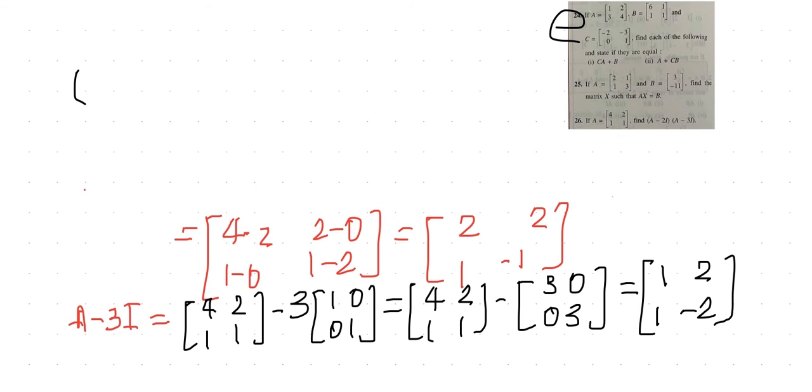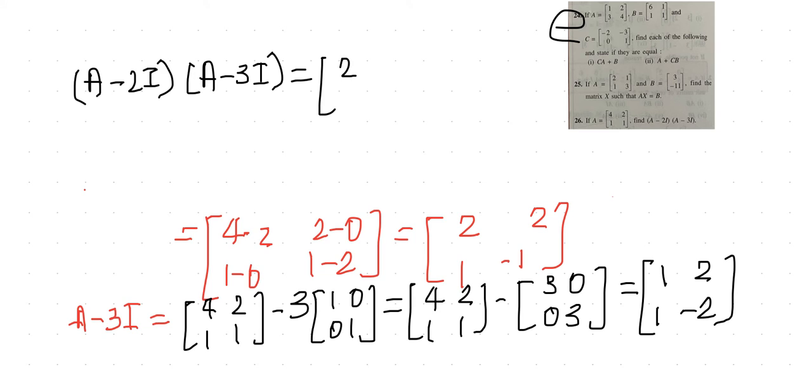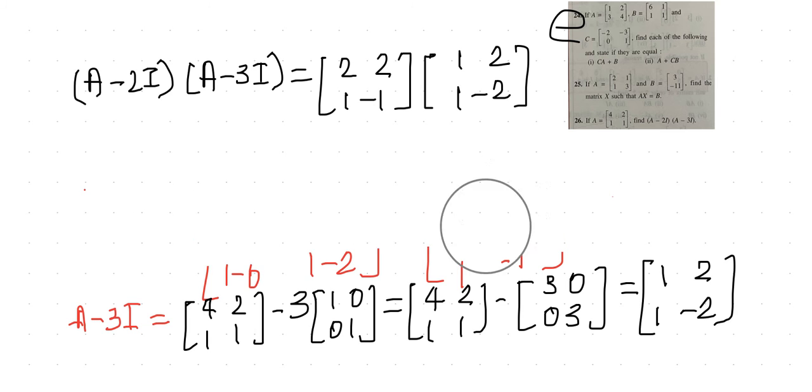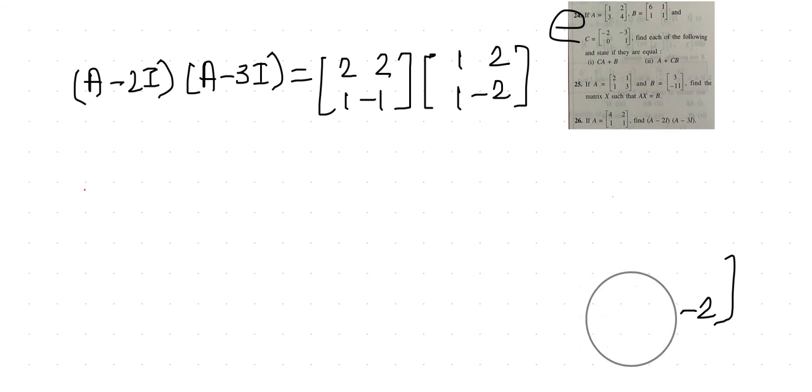So what you will be writing? You will be writing A minus 2I multiplied by A minus 3I is equal to [2, 1; 2, -1], and this is being multiplied by [1, 1; 2, -2]. And then we will just be solving this.